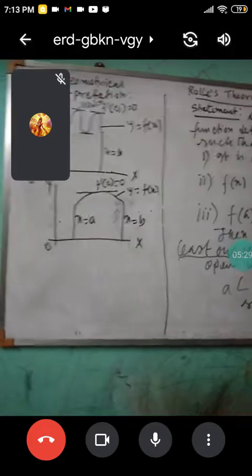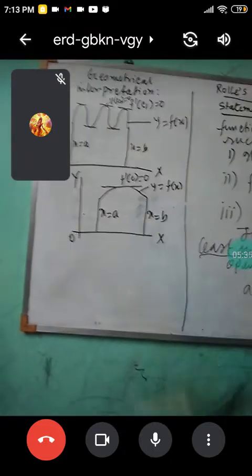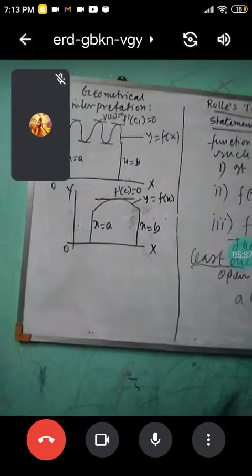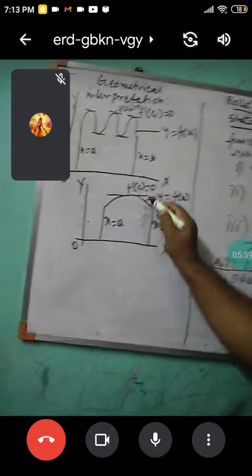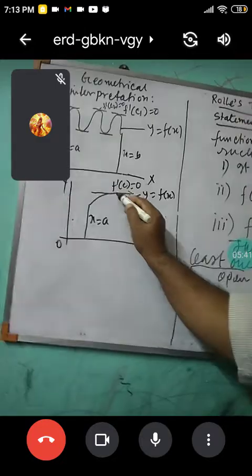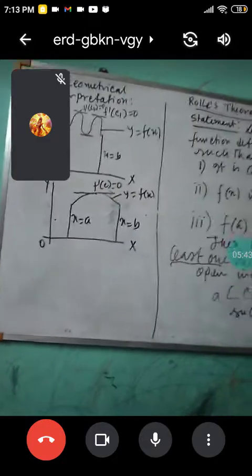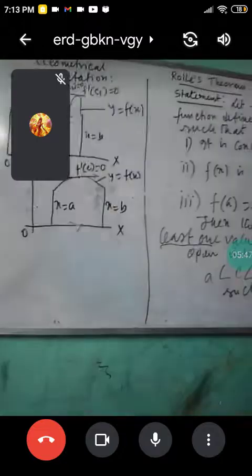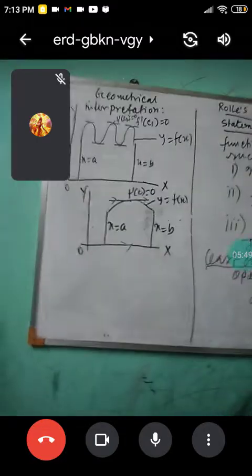The geometrical interpretation says that if we take points on this curve, there are so many points on this curve, but there will be at least one point where, if we take a tangent, this tangent is parallel to the x-axis.